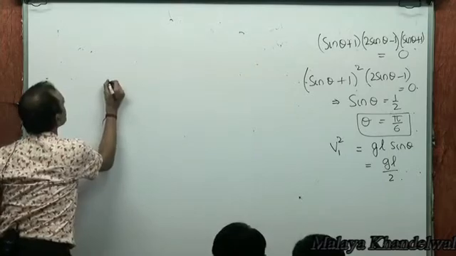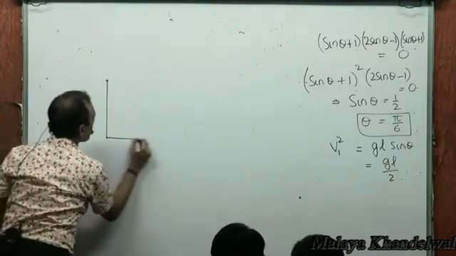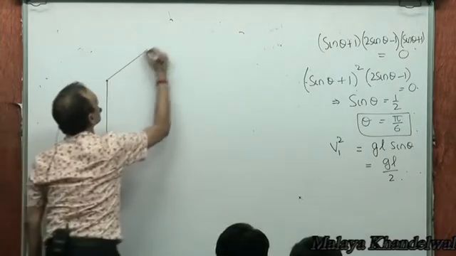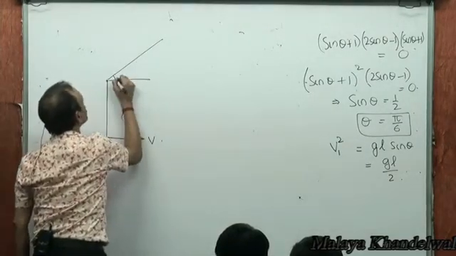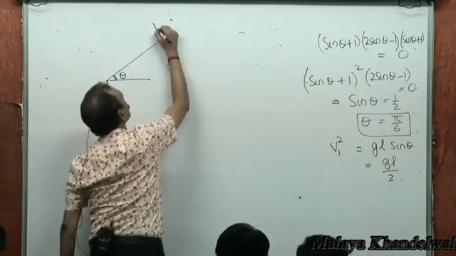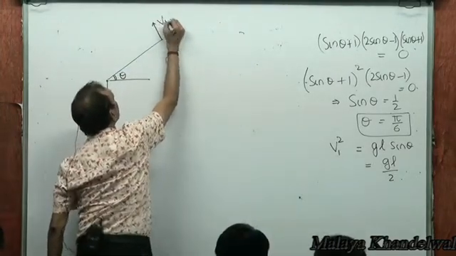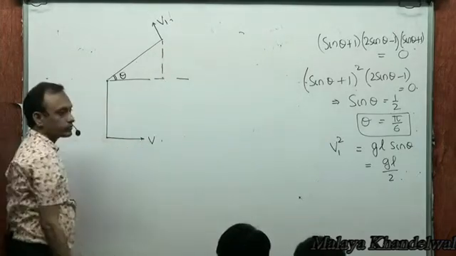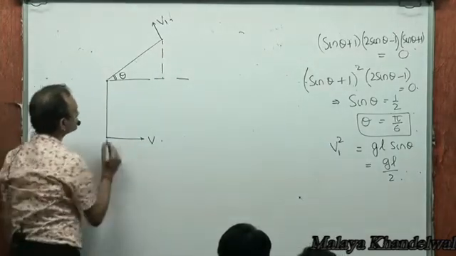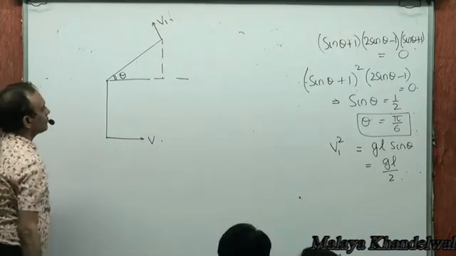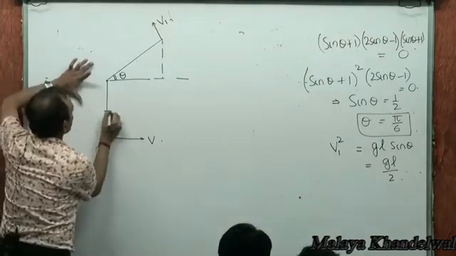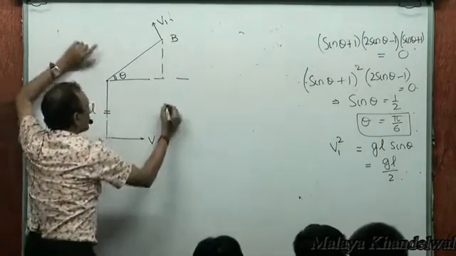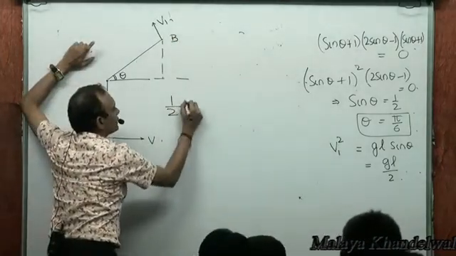See, this is how it was. At the bottommost point, I gave it a velocity V, which is what I am seeking to find. At this theta, it had a velocity V1, which we have found, right? Yes or no? Therefore, this length is L between state A and state B. We started with half mv squared.